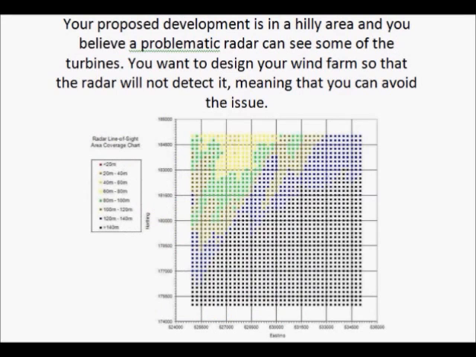Your proposed development is in a hilly area and you believe a problematic radar can see some of the turbines. You want to design your wind farm so that the radar will not detect it, meaning that you can avoid the issue. You will therefore require a radar area assessment priced at £395.